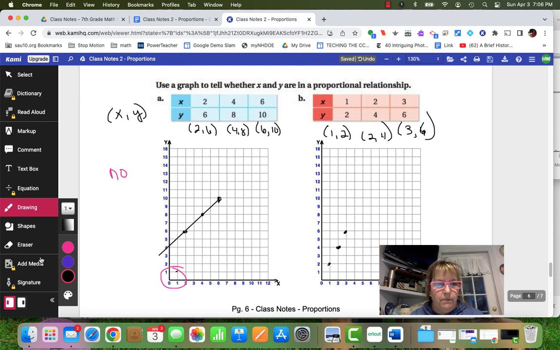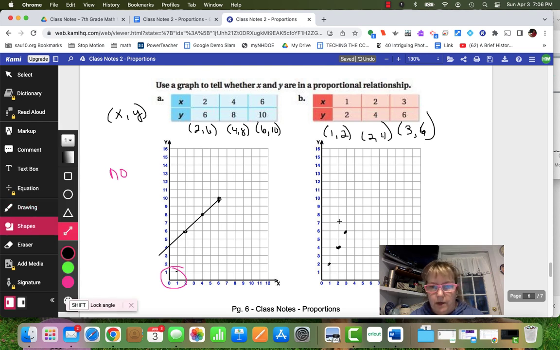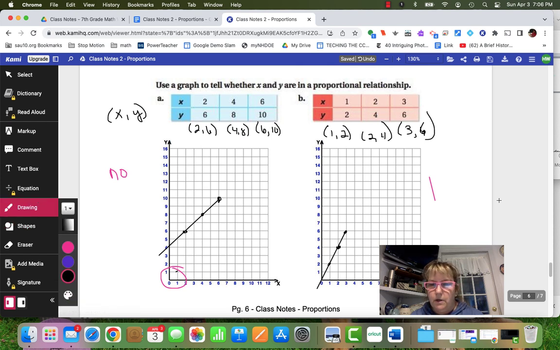And now when I grab that line and connect everybody, you'll see that it is a line and it goes through the origin. So yes, it is a proportional relationship.